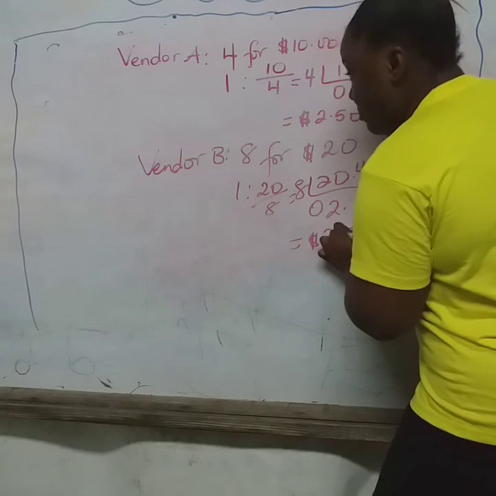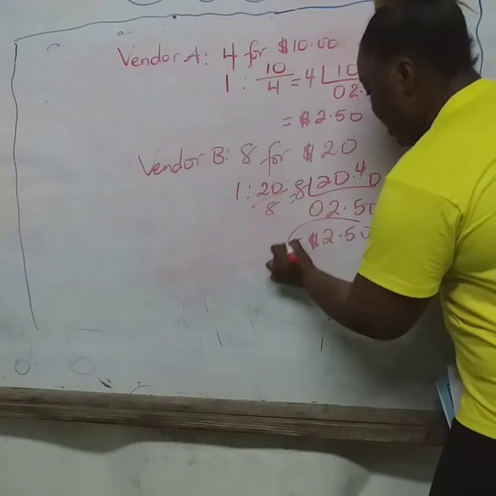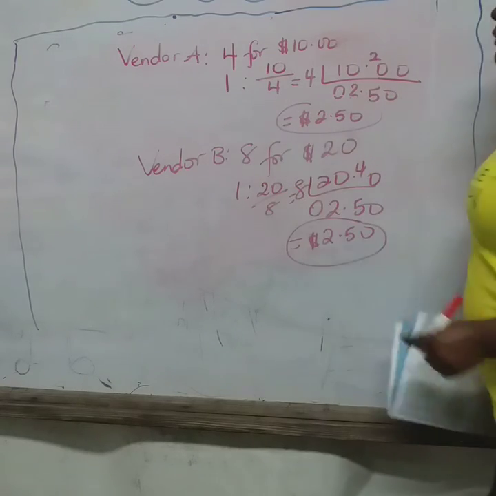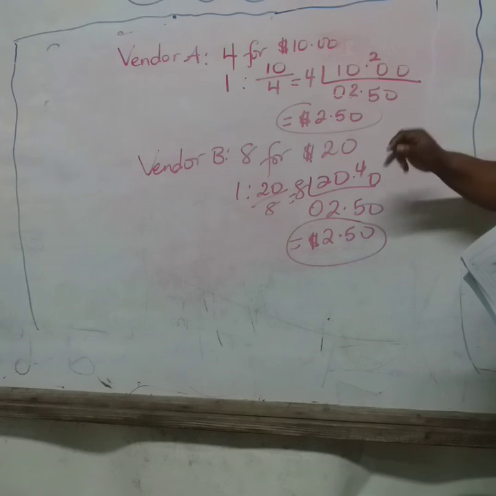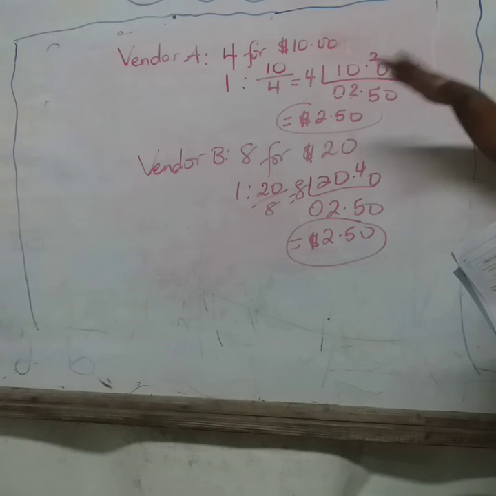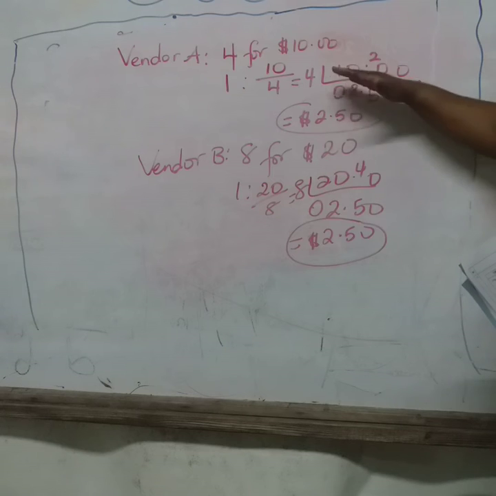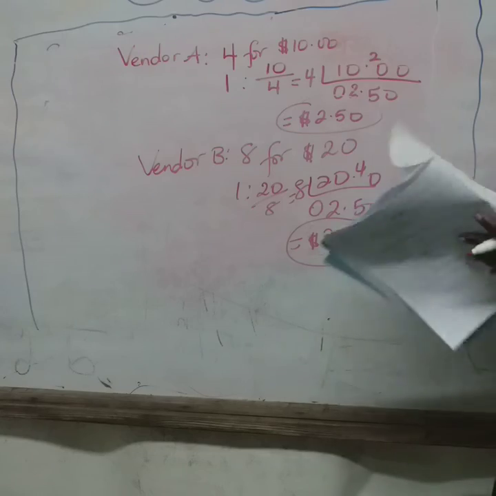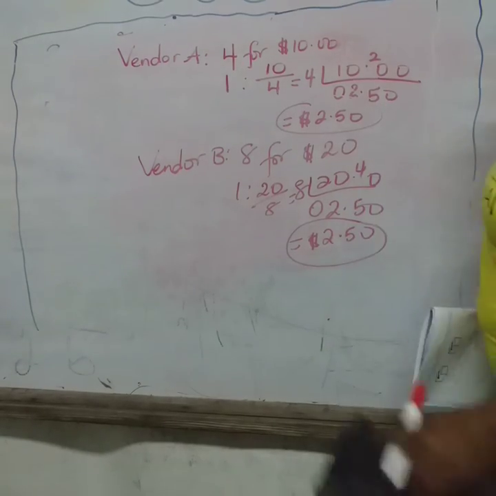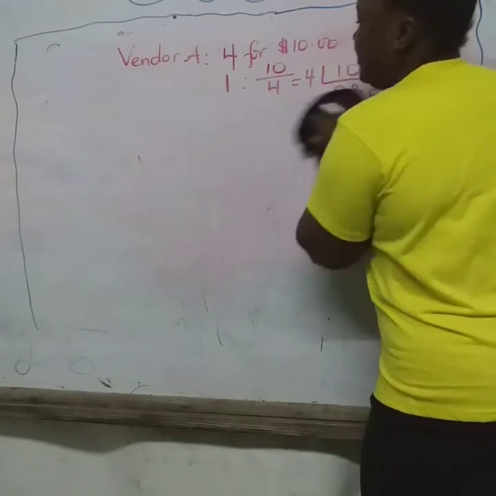So for vendor B, we're getting the same: one mango is $2.50. So for both vendors, vendor A and vendor B, the price is the same. So no one is selling cheaper. Both are selling at the same price. Okay? Let's look at our next reasoning question.